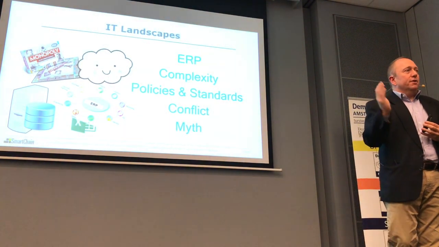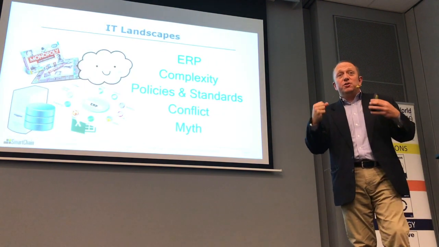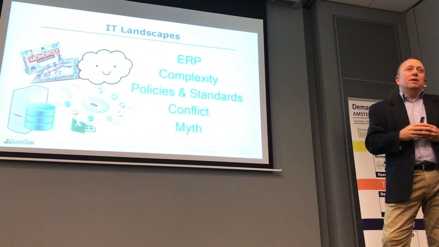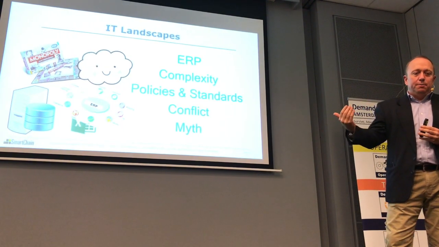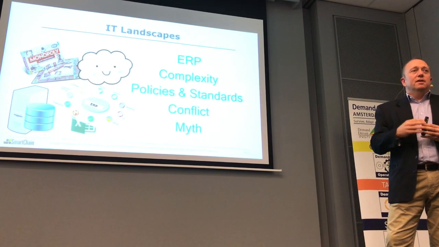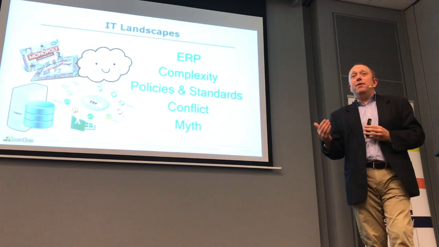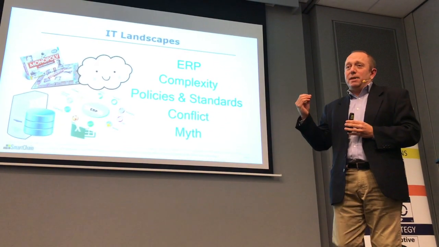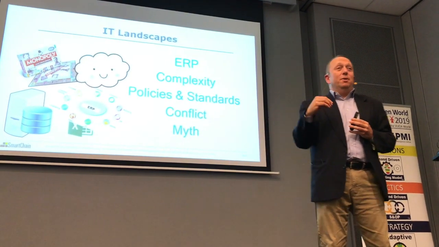It was ERP first. If you want to do anything, we want the benefit back out of the ERP, so do the stuff you need to do in the ERP. I'm glad to say, and Shell took this leap, both with demand-driven and previously with demand sensing, that maybe not everything has to happen in the ERP. Maybe there's some merit in taking best of breed, or things you need to do, and doing them outside of ERP.